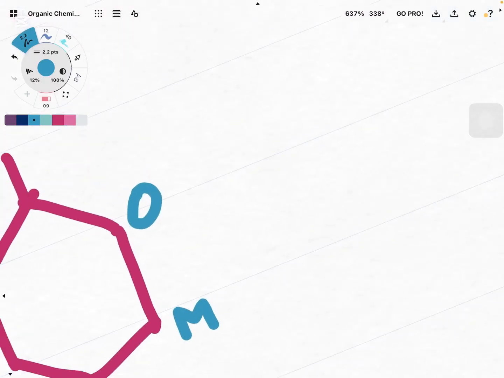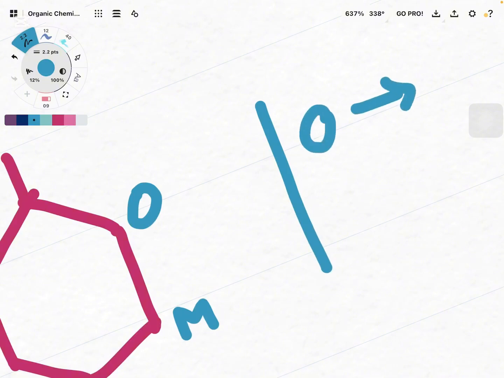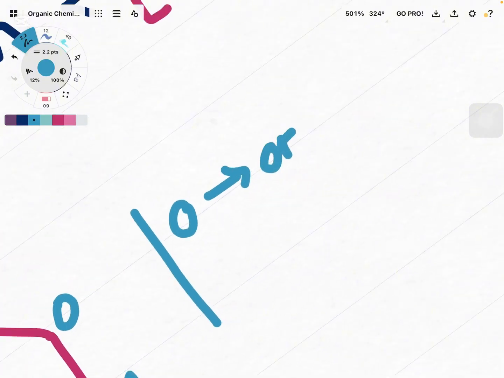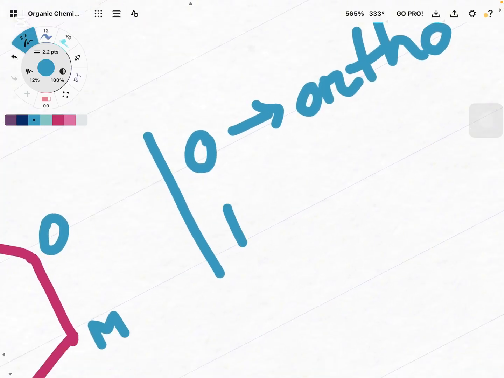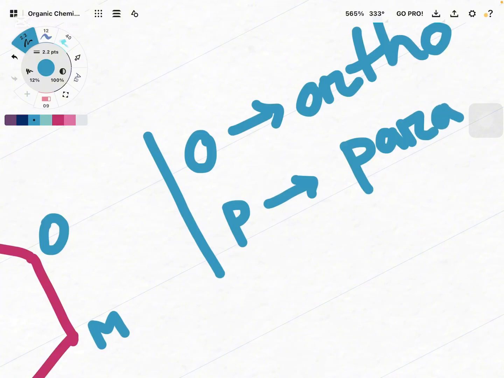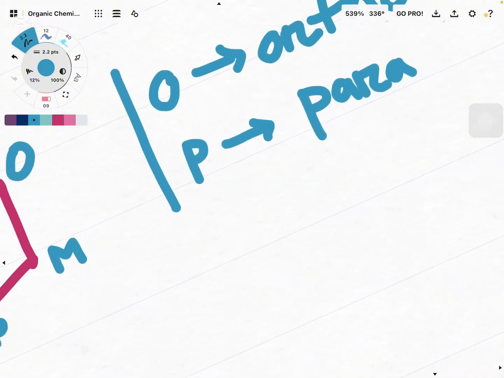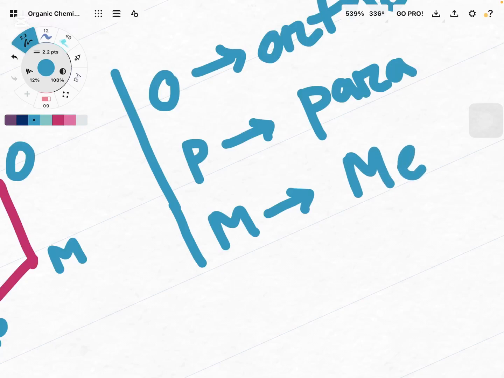So here O means ortho, P means para, and M means meta.